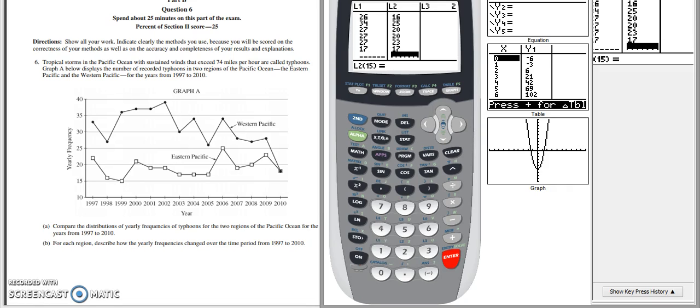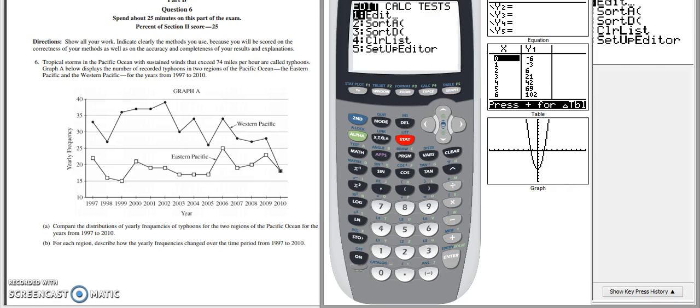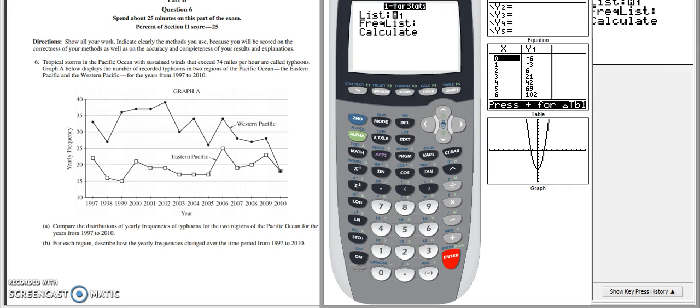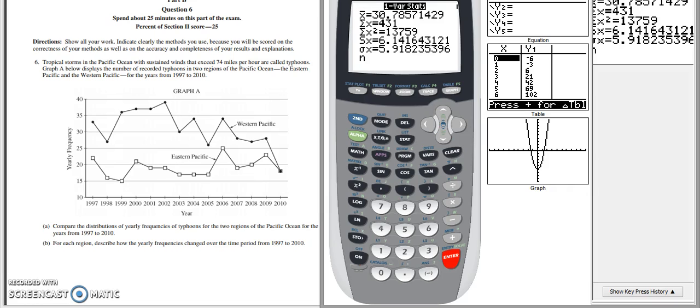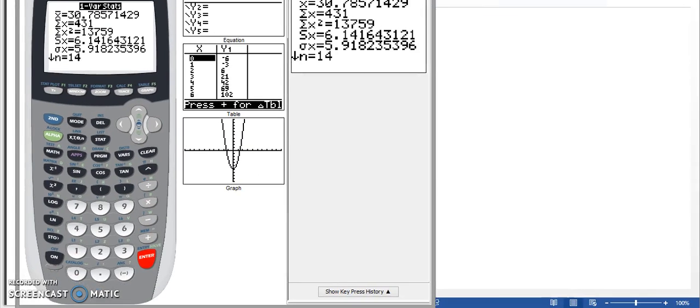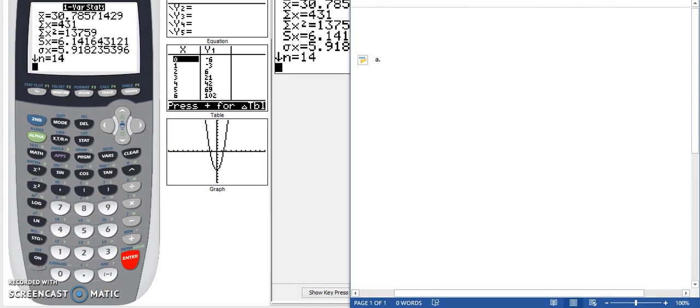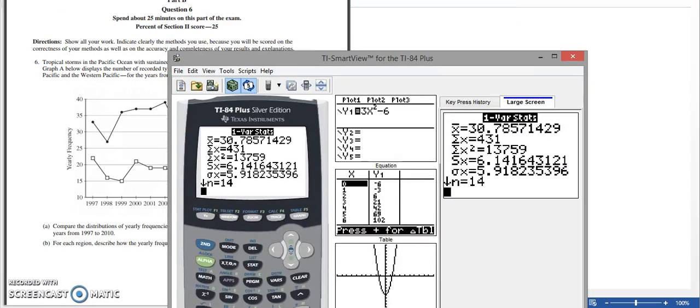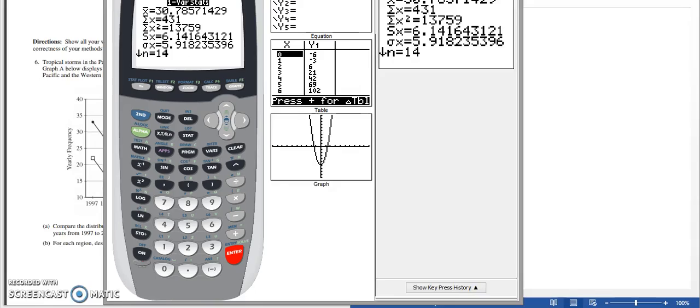So I'm just going to run one variable stats on both of them, just so we can talk about a couple things. So stat, calc, variable stats, and I'm going to do this one first. All right, so the mean, I'm going to write this down. A, that was Western Pacific.